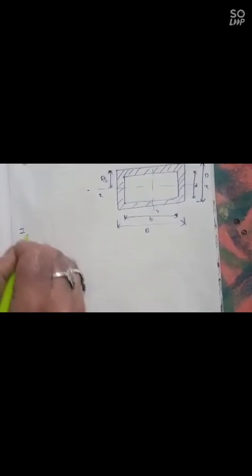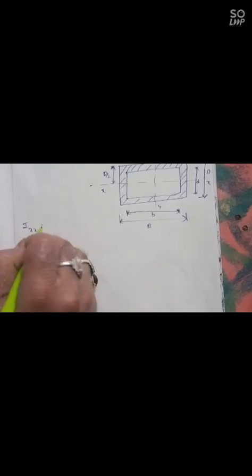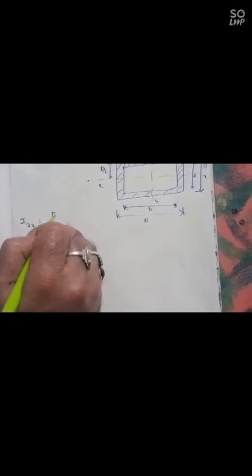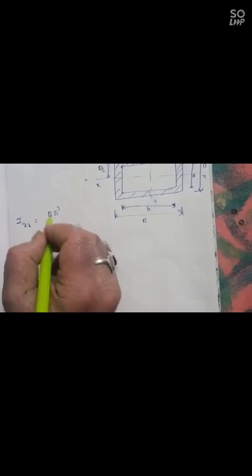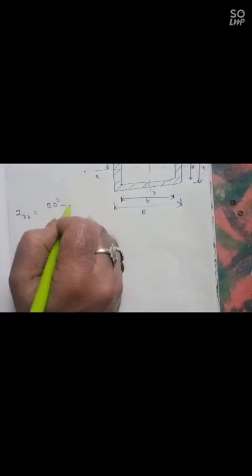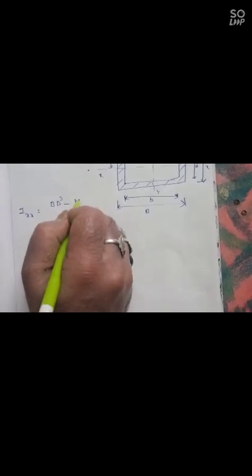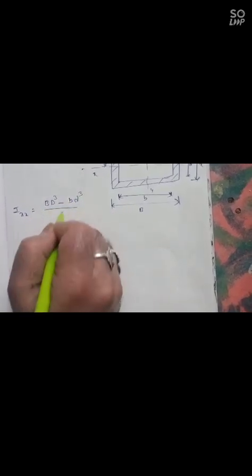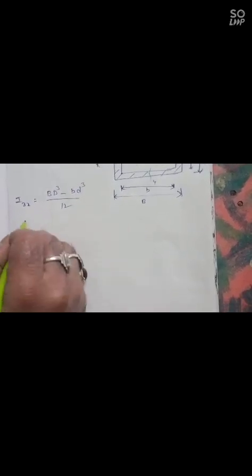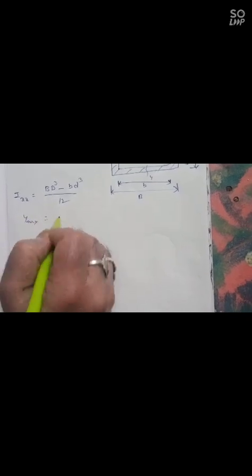So here Ixx equal to BD cube minus, since it is a hollow section, small b d cube by 12, and y maximum is D by 2.